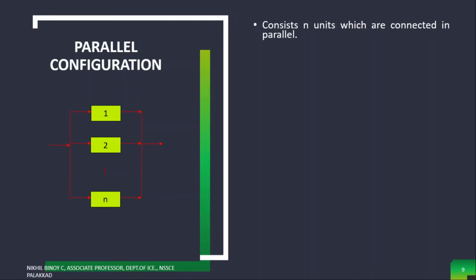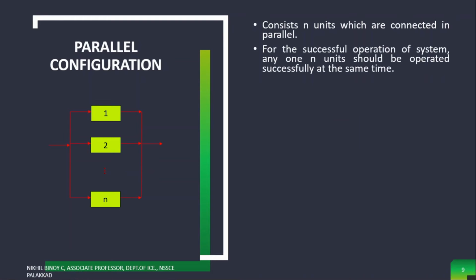Assume that x1, x2, etc., xn are the successful events of the first component, second component, etc., the nth component respectively.